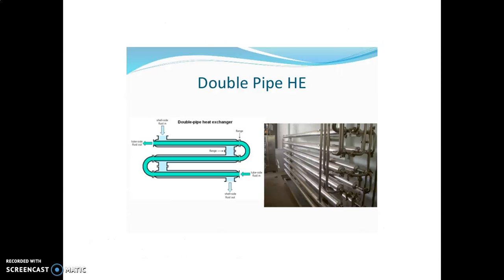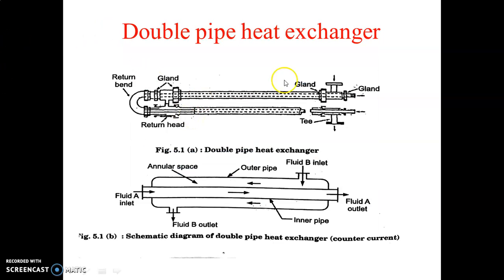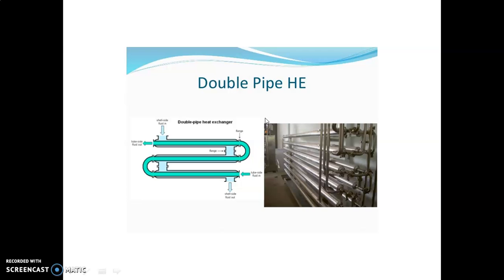Then I will show the actual photo of the double pipe heat exchanger. In this case, this is the single hairpin. If we again add the return bend and again two pipes, which are also called legs, then it becomes a double hairpin heat exchanger.